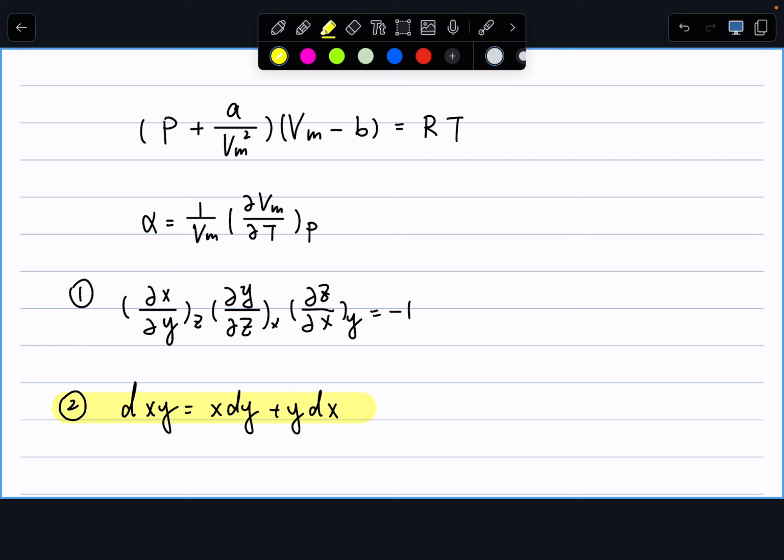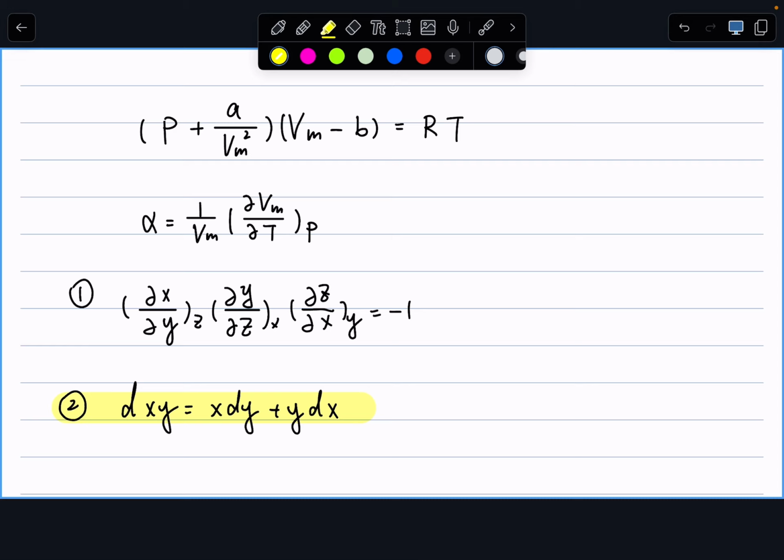So setting up for dx over dVm, the p goes away, so this becomes negative 2a over Vm cubed. Or we can write dx equals negative 2a over Vm cubed dVm. That's the dx part.